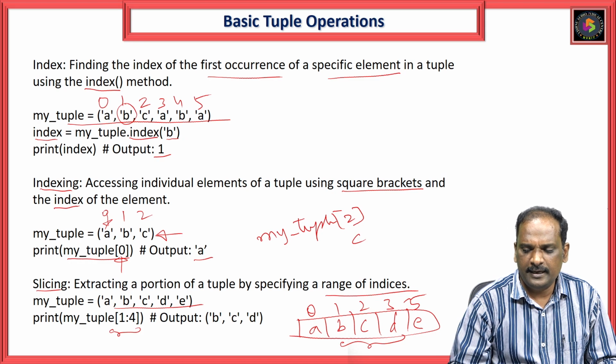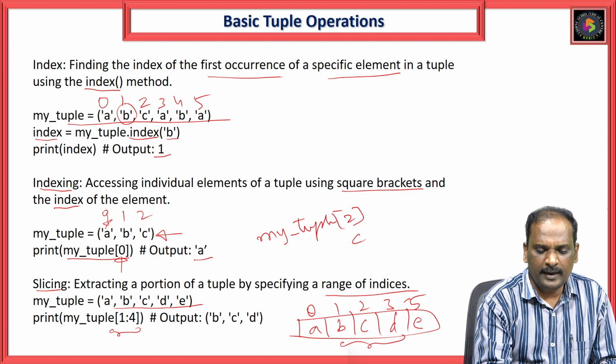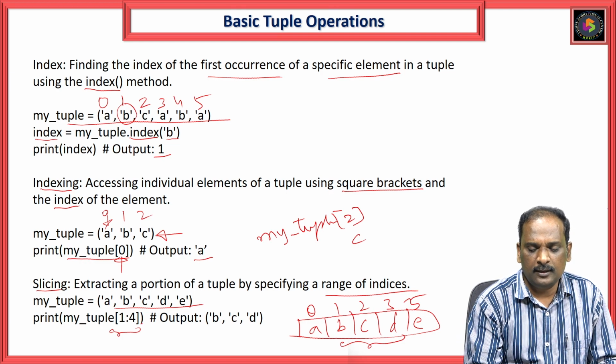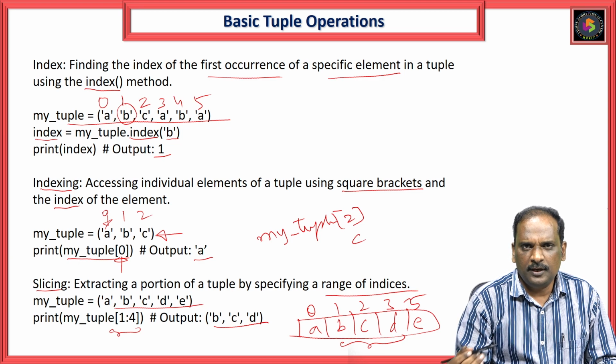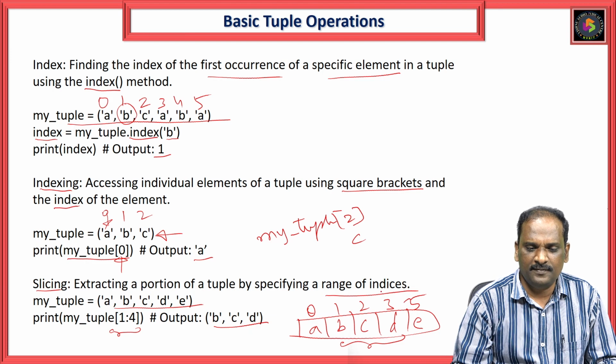So it will take 3 elements: B, C, D. So when I print my tuple of 1 colon 4, you will get the 3 elements B, C, D. If I want to access more than one element, I need to mention a range of indices. This is called slicing. Accessing more than one element is done by slicing, by mentioning the range of indices.